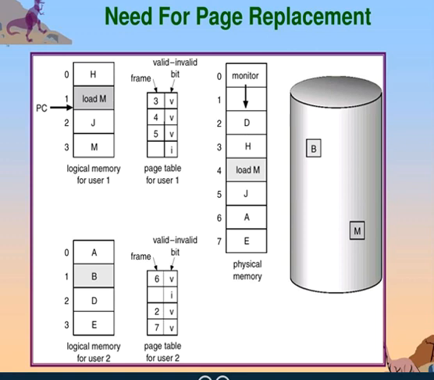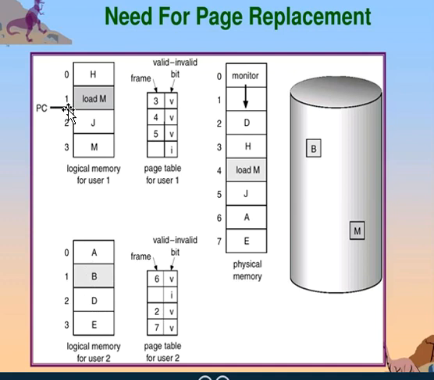Need for page replacement. See here we have two logical memories for two users. Logical memory for user 1, logical memory for user 2. So for user 1, 0, 1, 2, 3 are the page numbers and they have some names. And for user 2, these are the page numbers 0, 1, 2, 3 and these are the page names.